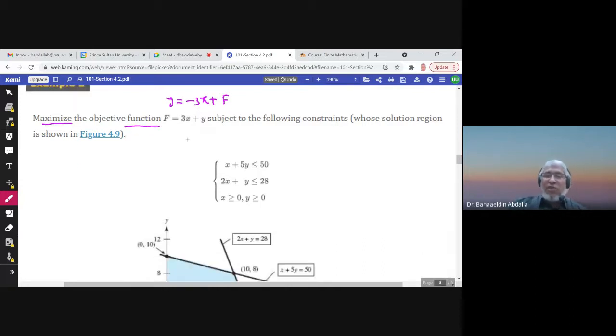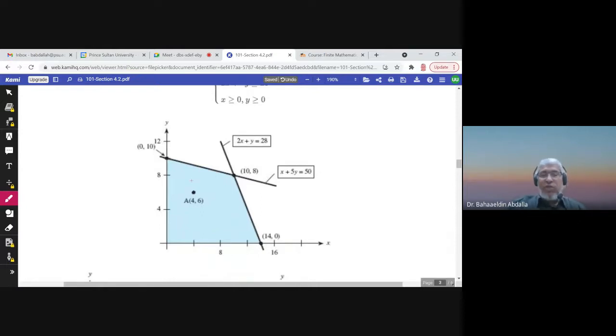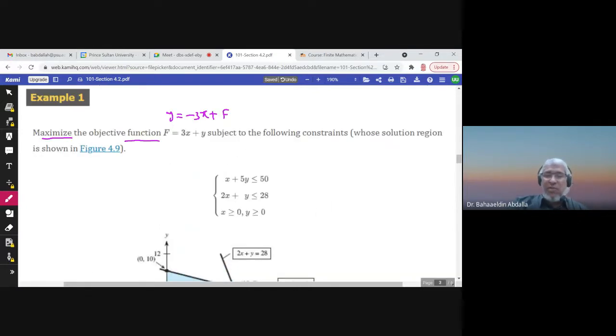So we have these constraints. So we start by graphing the region determined by these constraints. Well, this is the region, okay. And if we choose a point, for example, (4, 6), in this region, and replace x by 4 and y by 6, we will get 12 plus 6, 18.